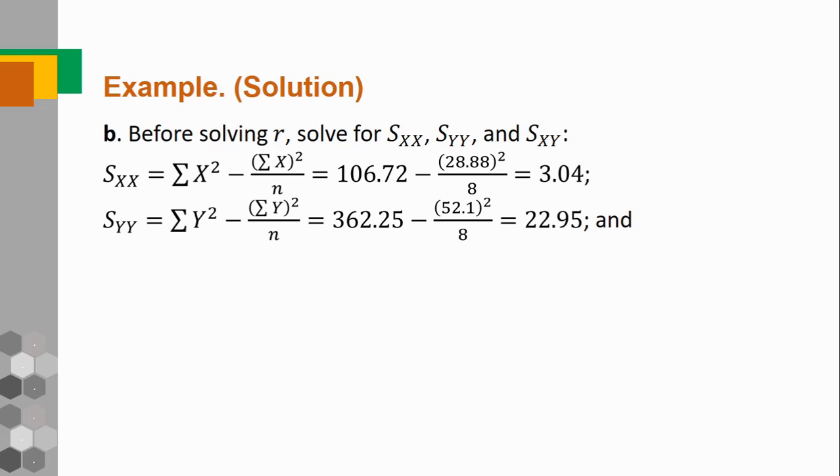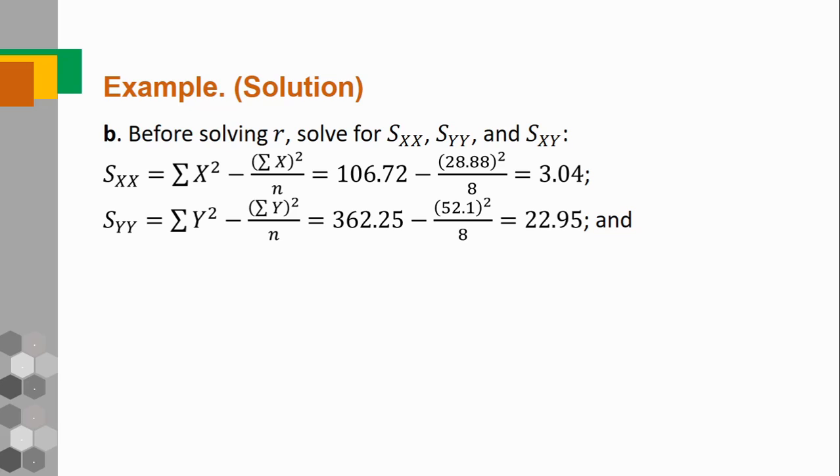Then, S sub yy equals, we have this formula, the summation of y squared minus the square of the summation of y over n. And again, these summations can be found in the table that I have shown you. So that is equal to 362.25 minus 52.1 squared over 8.